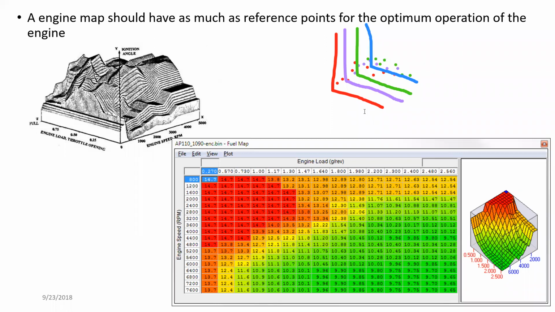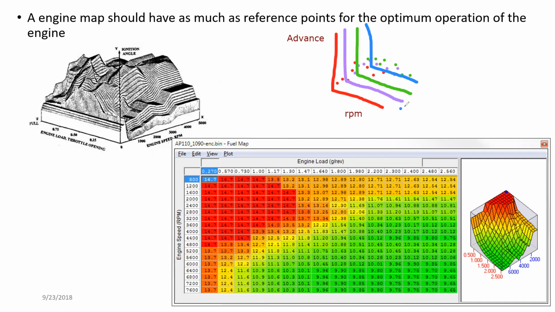So this is RPM, and this side is the advance.